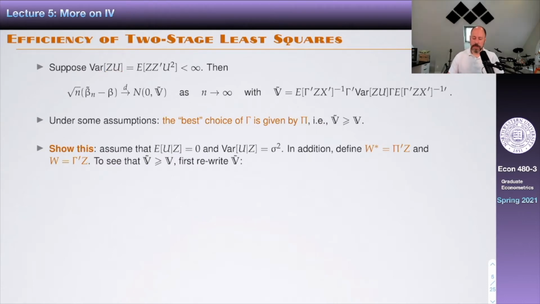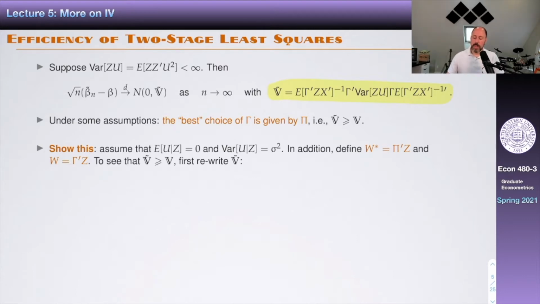This is the same assumption we used before. Then in this case, we have that square root n times (beta tilde minus beta) converges in distribution to a normal with mean 0 and variance B tilde, where B tilde is this expression over here. Again, it takes a sandwich form as before.